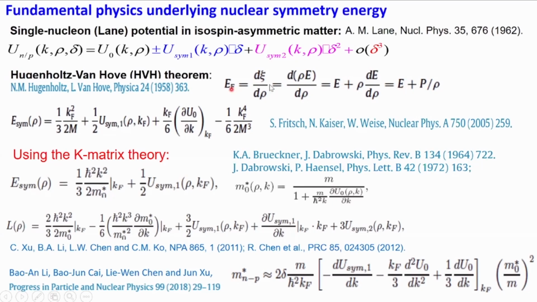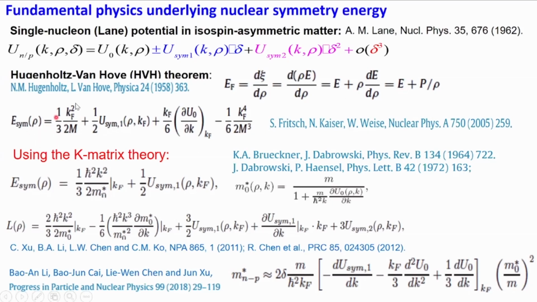Now if you use this theorem and do an expansion on both sides, writing down the Fermi chemical potential in terms of the kinetic part and potential part, do a Taylor expansion in terms of isospin asymmetry, and on this side the energy E, you also do a Taylor expansion as the one I showed you on the first slide, then you can derive an expression of symmetry energy.